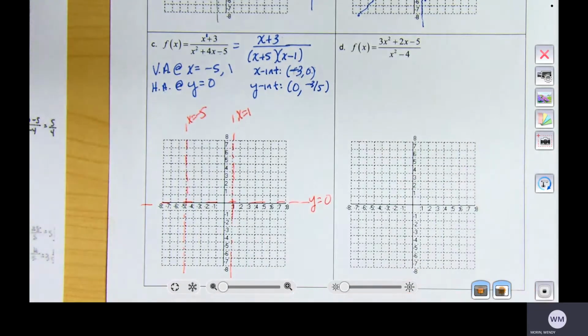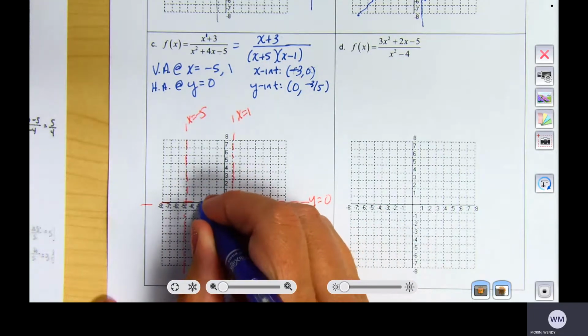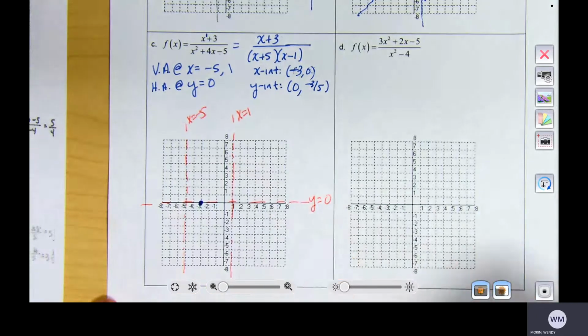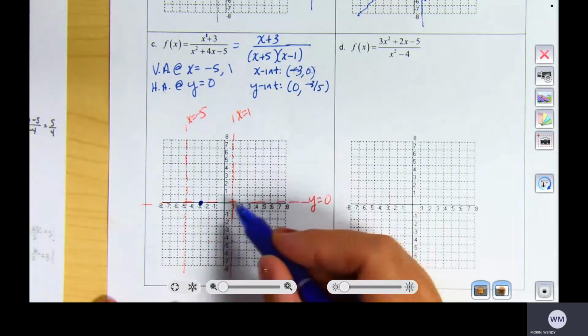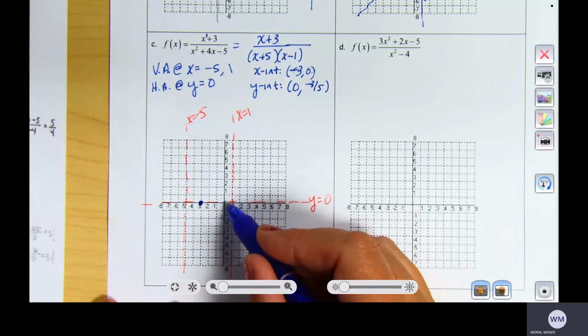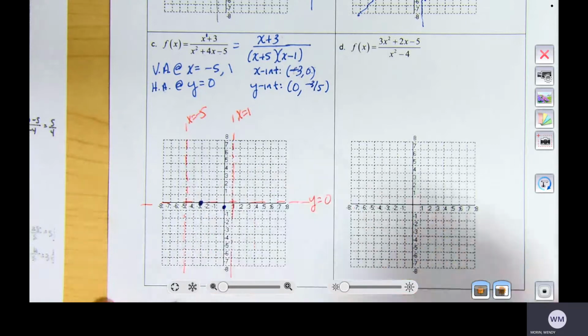All right, so what are the points that we know here? We know -3, 0. Okay, we know 0 and -3/5. So it's going to be right about there. All right, that's about all we know. So what's going to happen here? Well, I don't know.